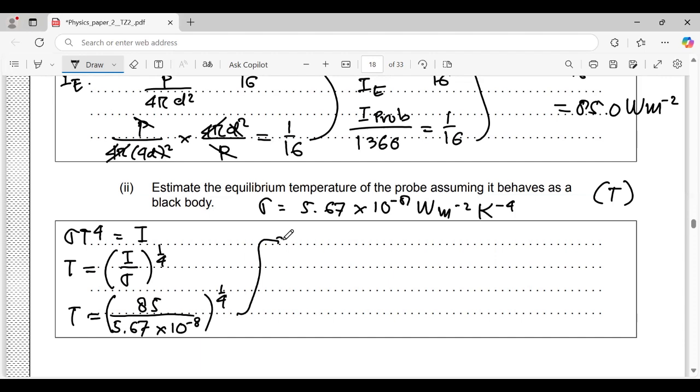If you calculate this, the result is 196.7, rounded to 200. In significant figures, it is 2 times 10 squared. The unit is Kelvin.